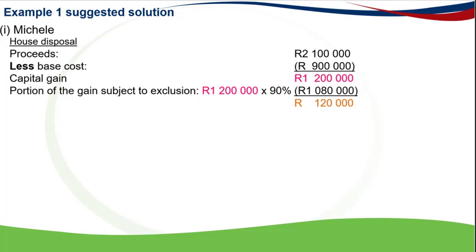So, if you were required to determine what portion of the gain would be subject to the primary residence exclusion, then that would be the $1,080,000. As the house forms part of the joint estate, only 50% of the capital gain will be included in Michelle's capital gains calculation. The other 50% of the gain will be included in Gregory's capital gains calculation.